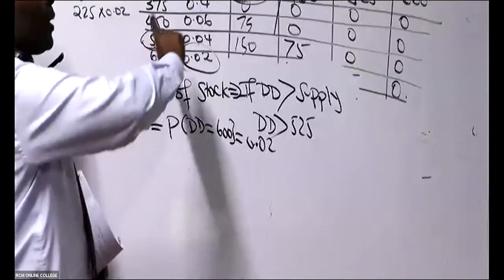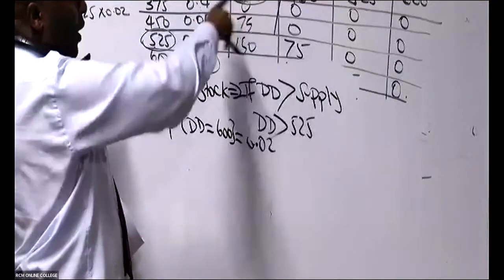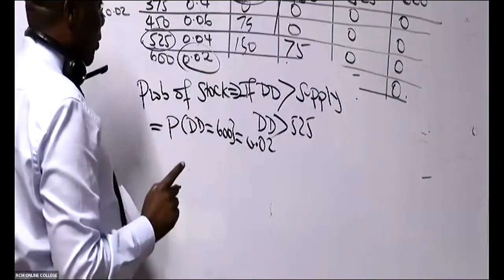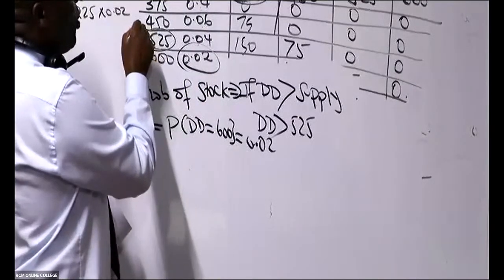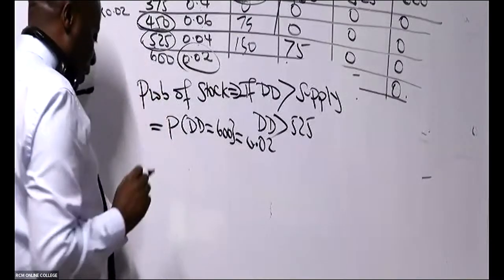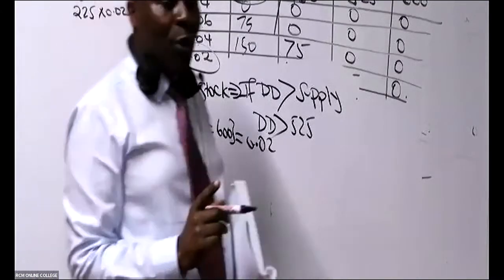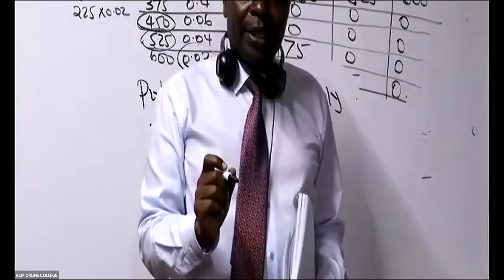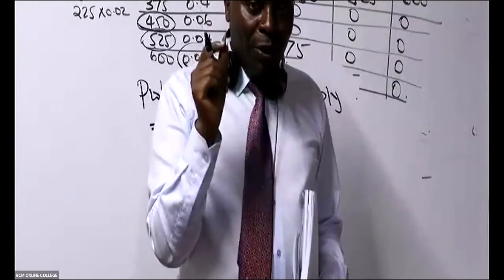If we supply as per the optimal safety stock, 525, let me ask you students another question. What if our optimal reorder level was 450, and you are asked to ascertain the probability of stock out?